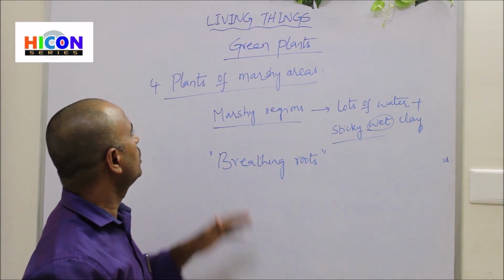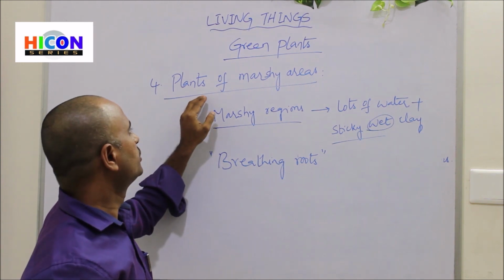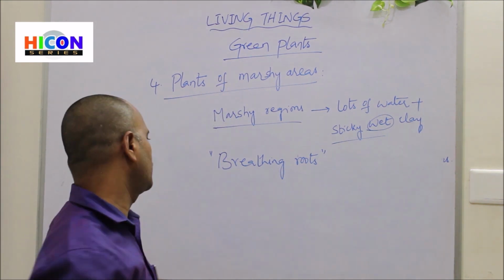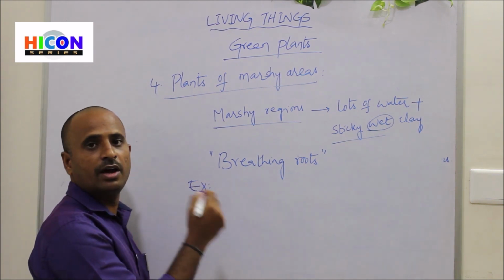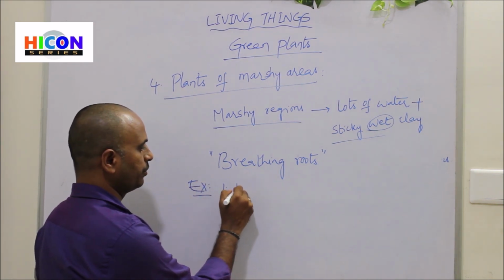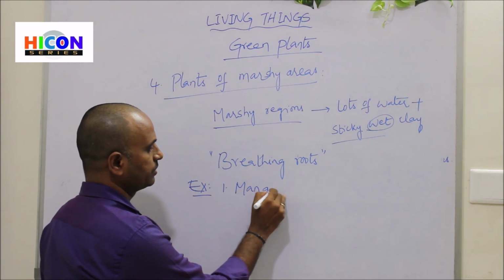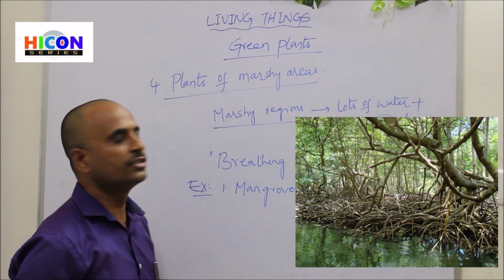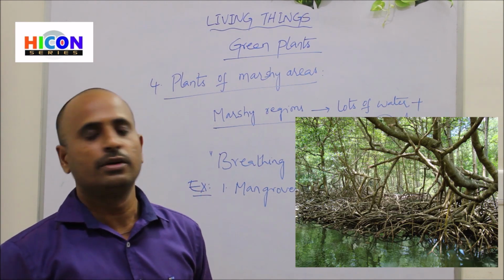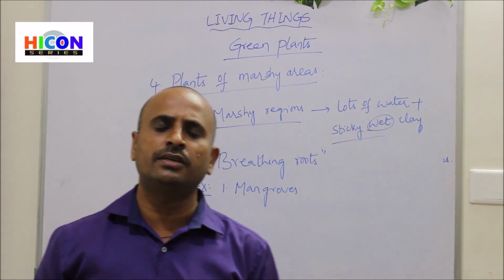The examples for the plants which grow in marshy areas are mangroves. Look at the picture.